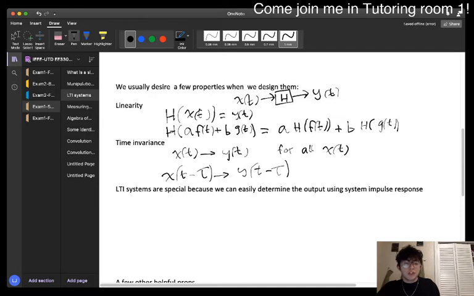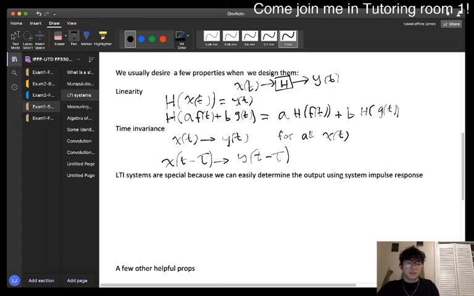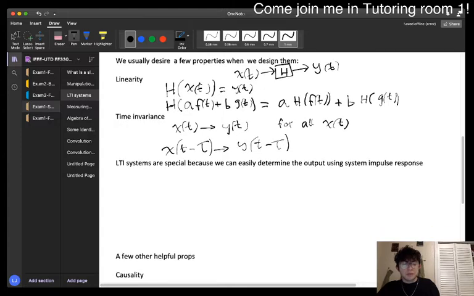Once we have these two properties, we're into this really interesting class of systems called LTI, linear time invariant. The special thing about them is that they're this interpretable class of systems that we want. And we can predict the output from the input by the convolution with the impulse response.